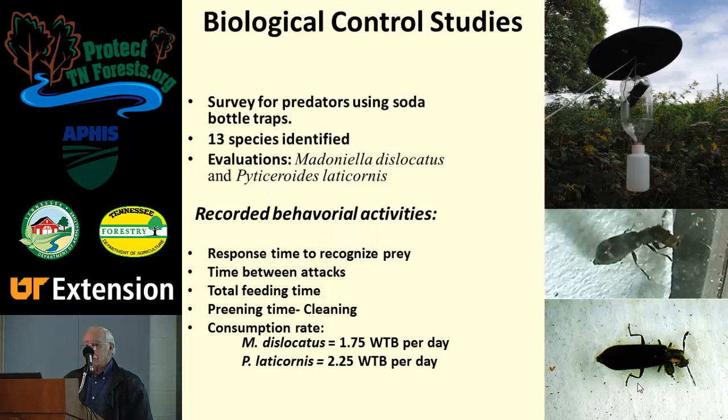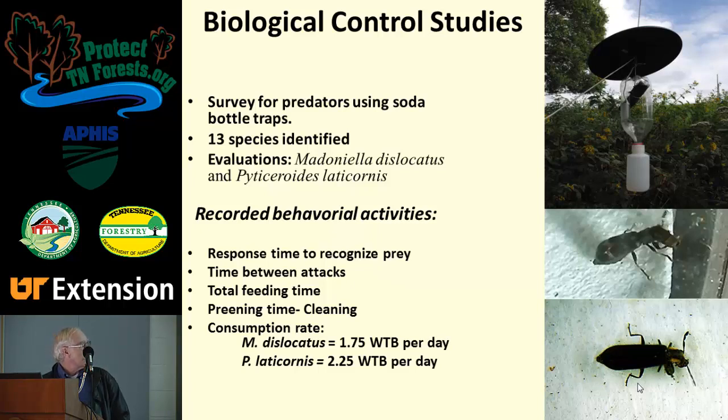If I might, with just the last couple of minutes, I would like to mention that we are still working on our biological control studies. We're still collecting predators that might have potential use against the WTB. To date, we've identified 13 such predators. If you'd like more information on that, you might like to look at Catherine's poster on the predators.